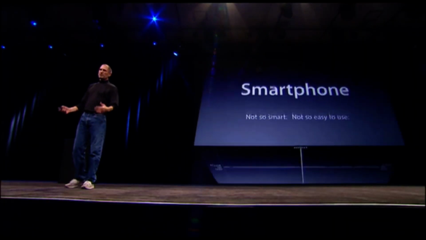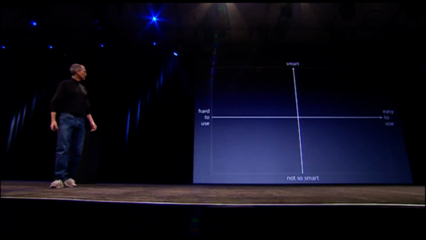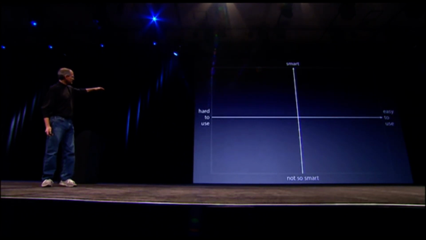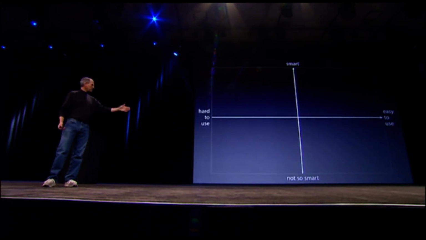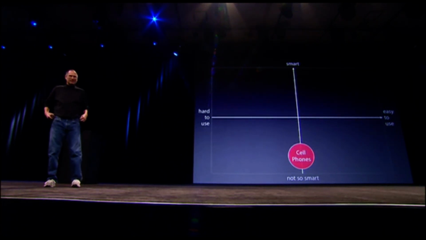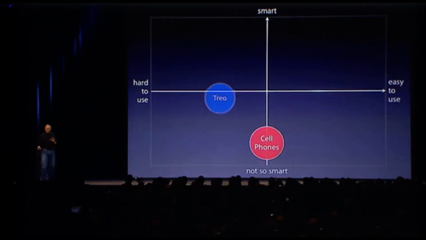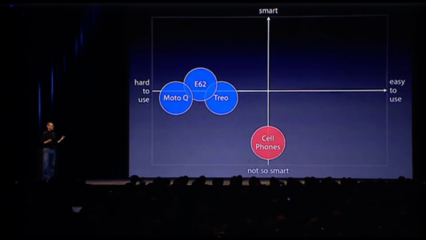So if you make a Business School 101 graph of the smart axis and the easy to use axis, regular cell phones are right there. They're not so smart and they're not so easy to use. But smartphones are definitely a little smarter, but they actually are harder to use. They're really complicated.